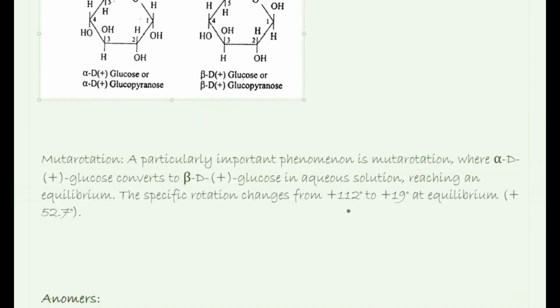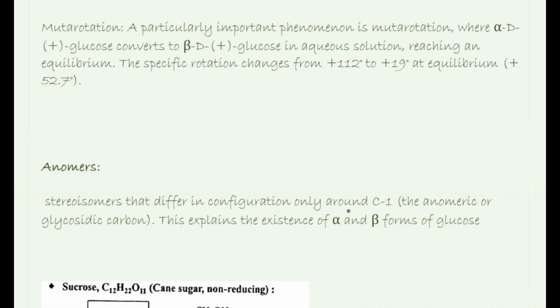Okay, then there is a term called mutarotation. What is the definition of that? When these two anomeric forms like alpha and beta are separately dissolved in water, they undergo a specific rotation change till it becomes constant after some time. What is specific rotation? We know that when an optically active compound is passed through plane polarized light, there will be a rotation caused by it.